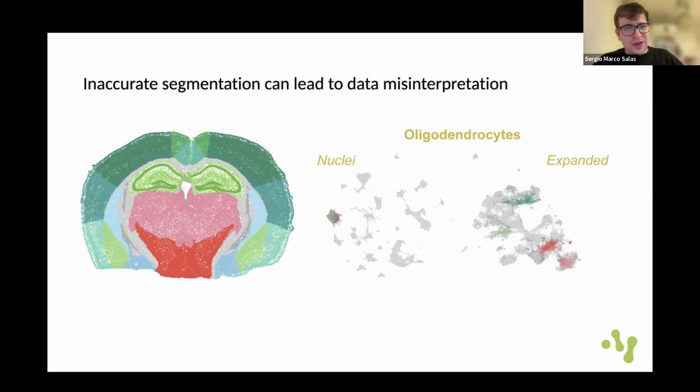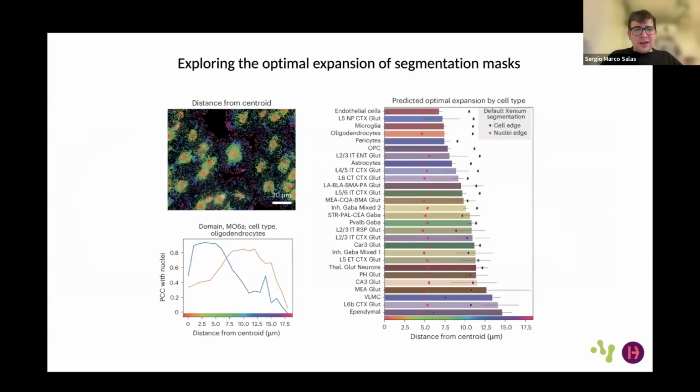So we really want to avoid this, and we want to find a good segmentation strategy that maximizes the number of assigned transcripts while avoiding these errors.